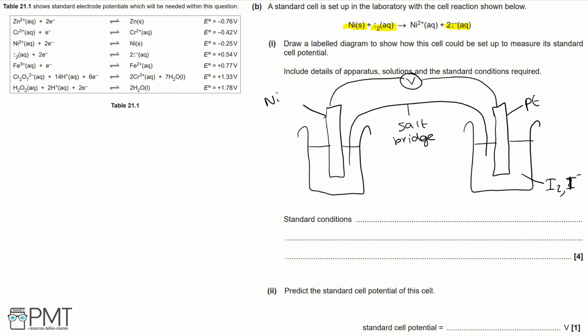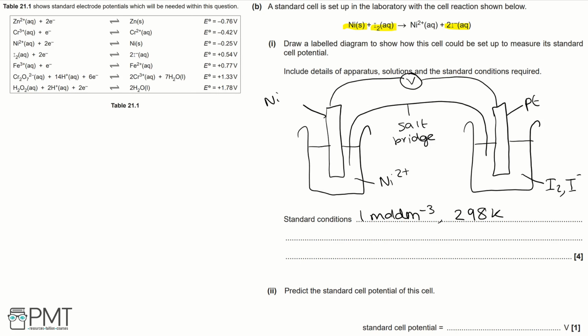But in the nickel electrode solution we will have Ni2+. Next, the standard conditions. The standard conditions are all of the solutions need to be 1 mole per decimeter cubed in concentration, and the temperature needs to be 298 Kelvin, which is the standard condition for temperature.